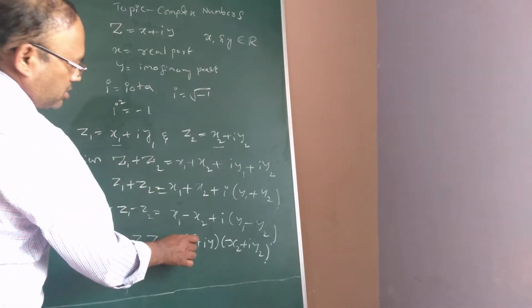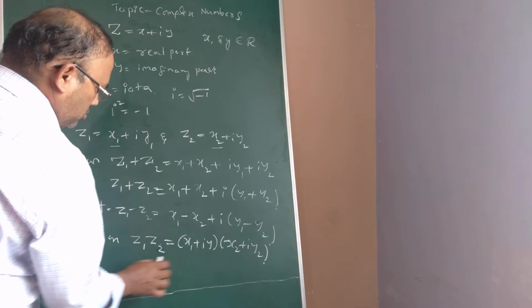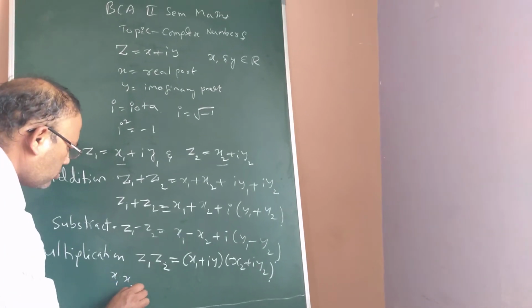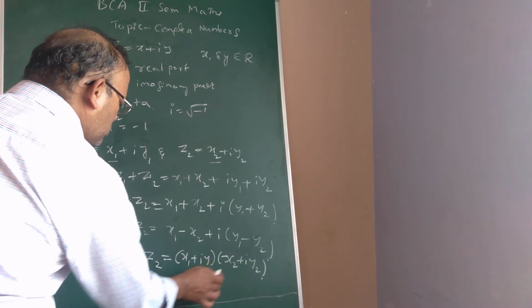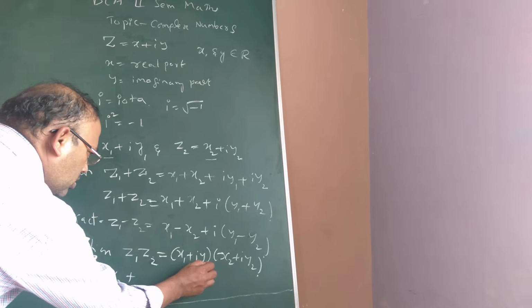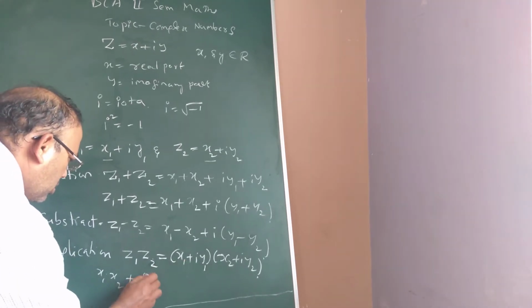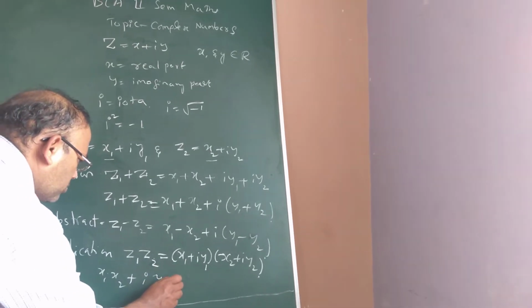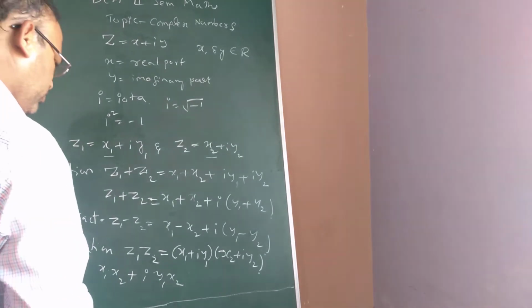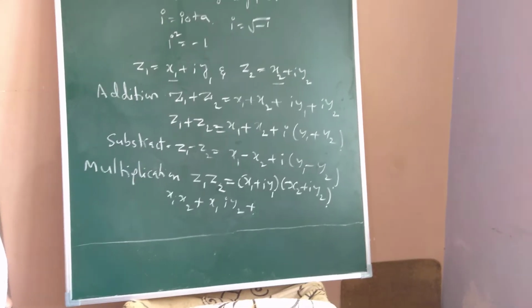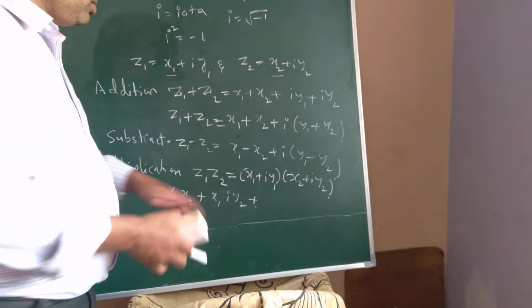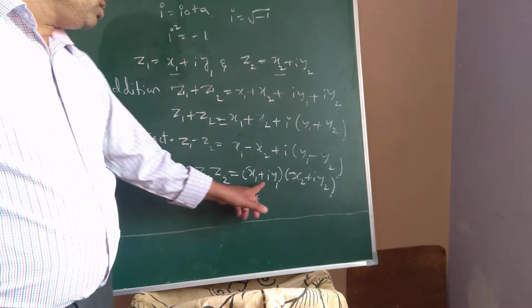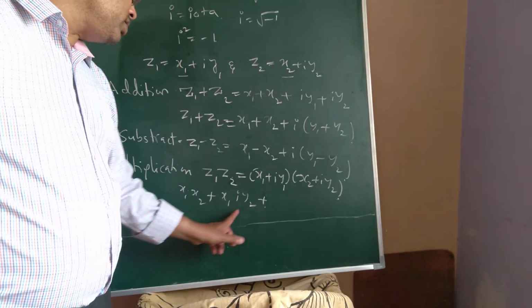Multiply the brackets. x1 into x2, that is x1 x2, plus i y1 x2, plus x1 into iy2.